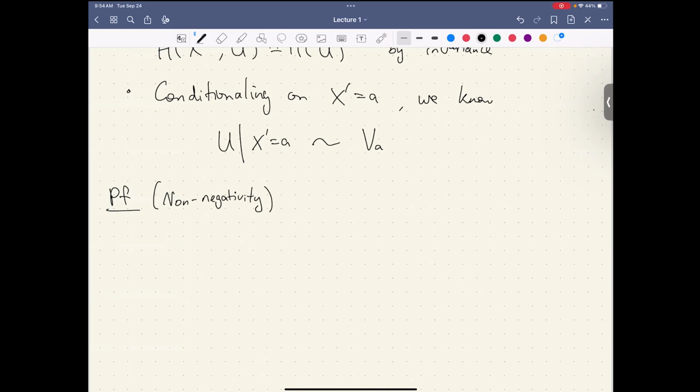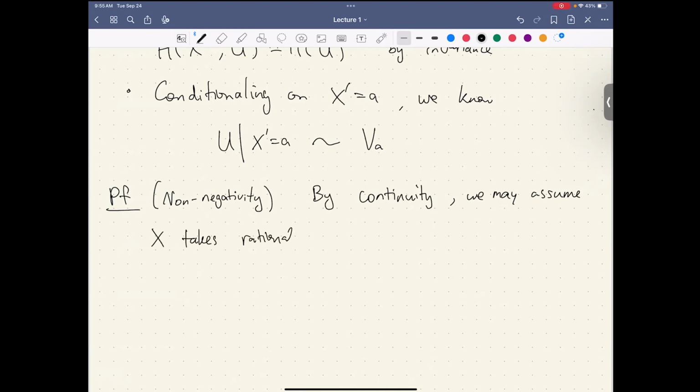All right. By the continuity axiom, we may assume X takes values in A with rational probability.